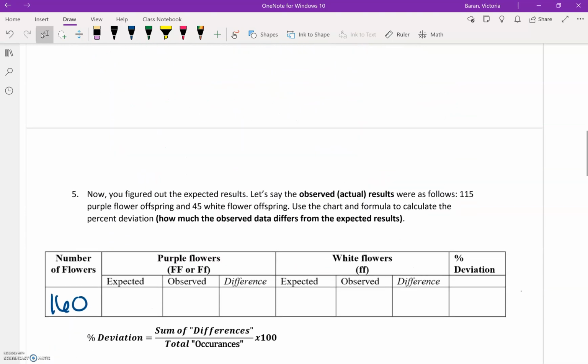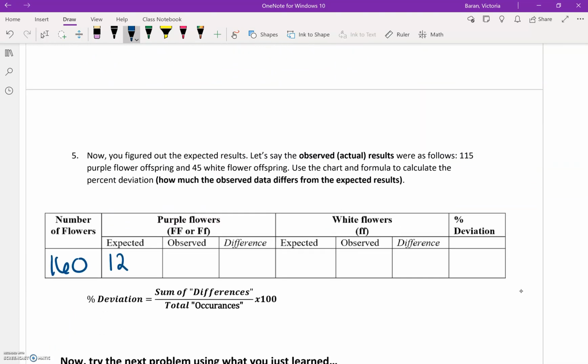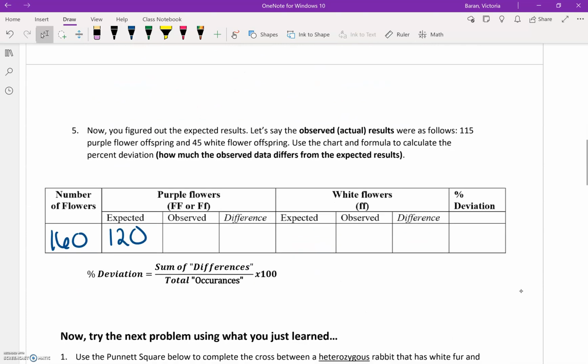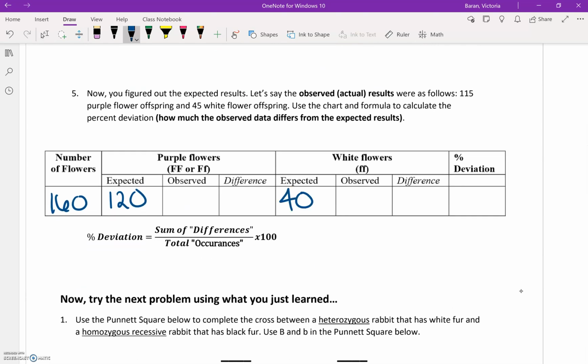So 120 we expect to be purple, which is big F or big F little f. And then 40 we expect to be white. All right, so we're getting those expected results from our Punnett square calculation.